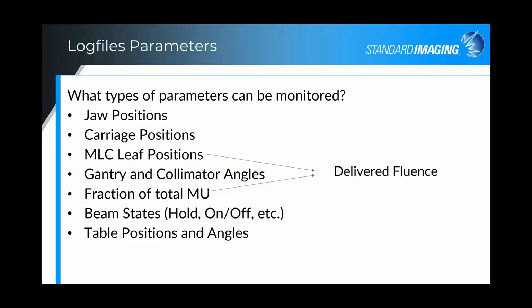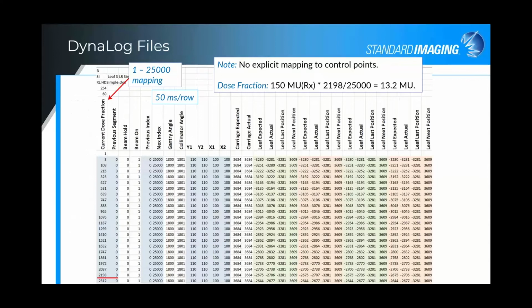And so I thought it might be educational to bring up and show you the information inside these log files. So this is a display of a Dynalog file. These slides are from one of my prior colleagues, and I thought they were pretty good, so I'm reusing them.